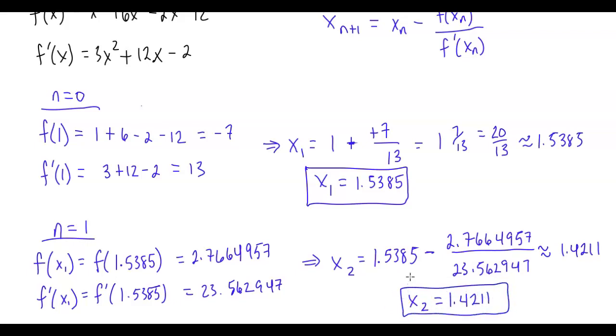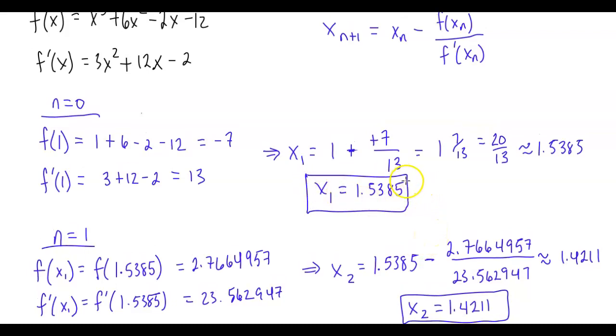Okay, and so that will be our new value here. Now, one thing I haven't done yet, and I'll go ahead and do now, is talk about the error between the previous x sub n value and the current x sub n value. In other words, the difference between x sub n and x sub n plus 1.